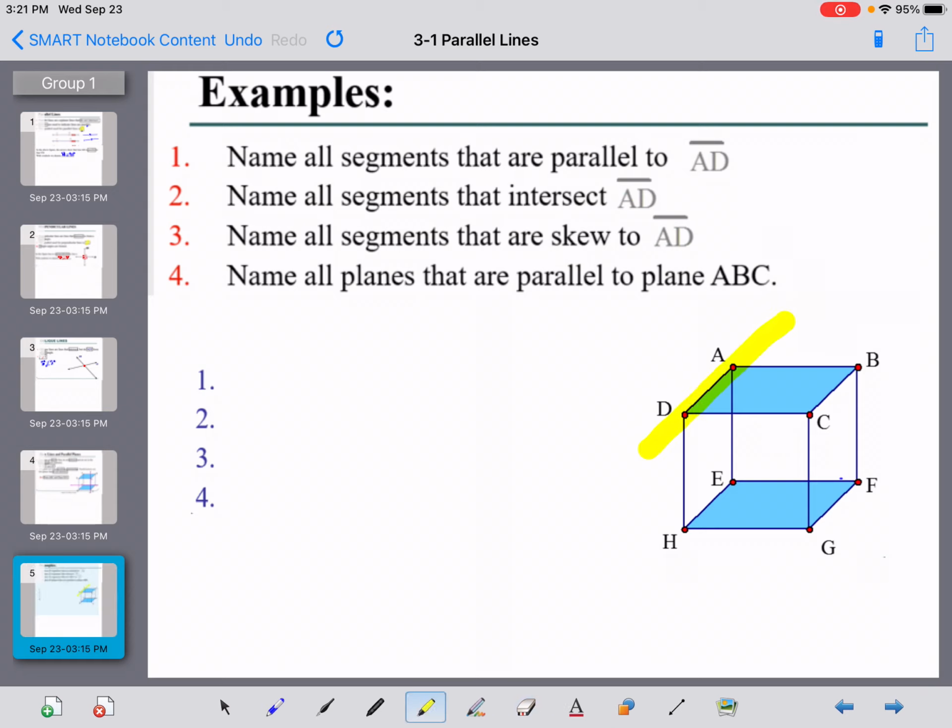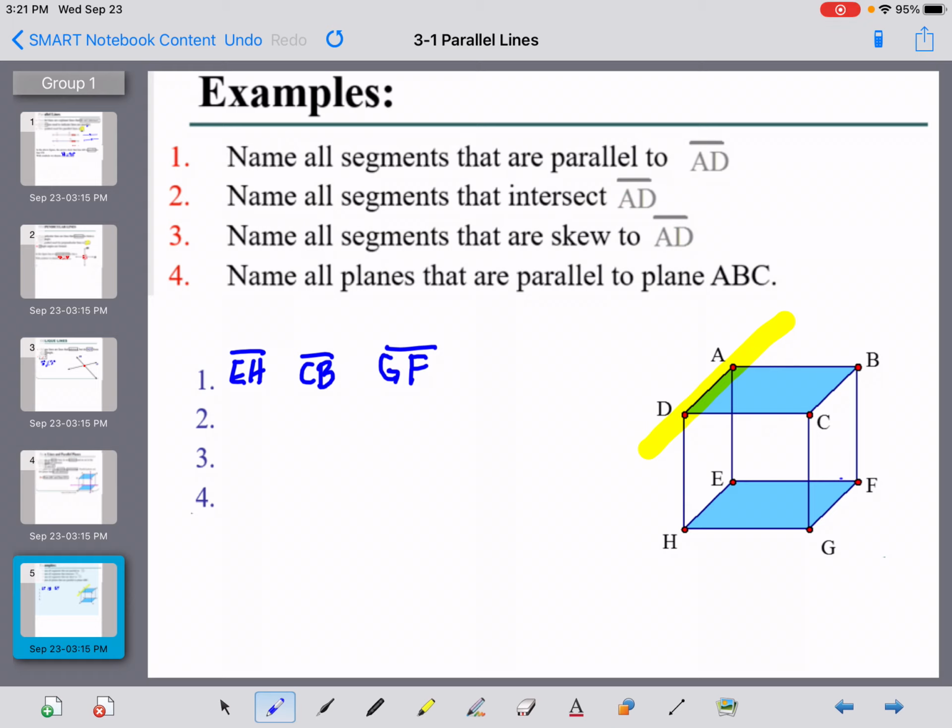So everything that's parallel to AD: EH, BC or CB, and GF. All three of those segments are parallel. I think I may have called them planes, but I'm not entirely sure I did.